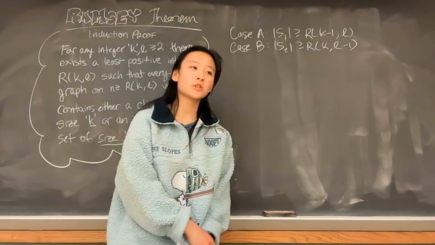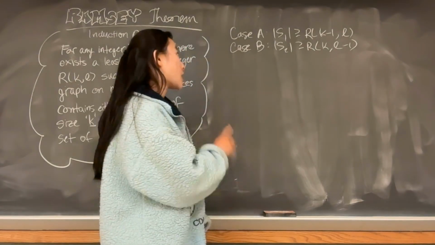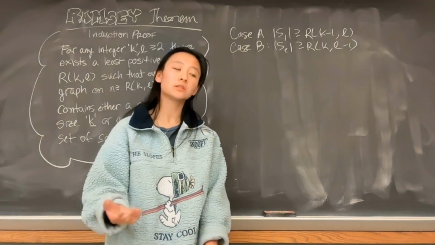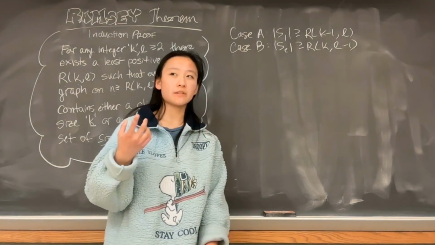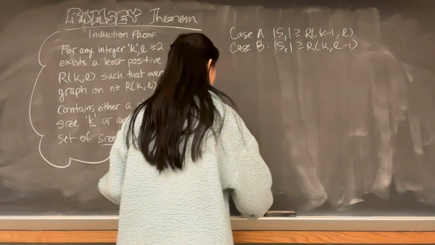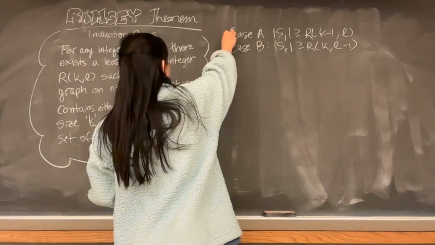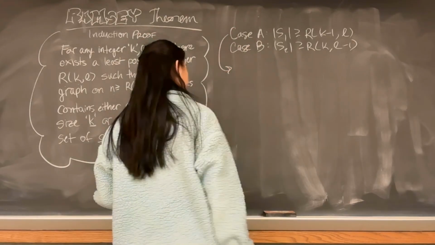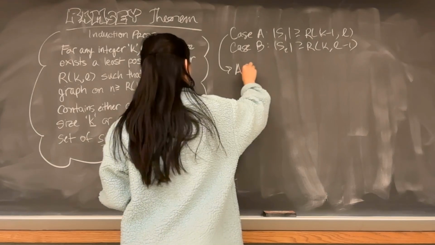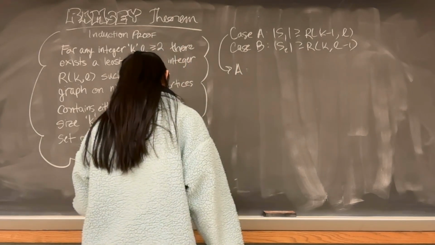So previously we were talking about how case A and case B can be used to show that R of KL not only is finite, but it also exists. So we will be going more into that. So let's look first at case A. How does this show us what we want?